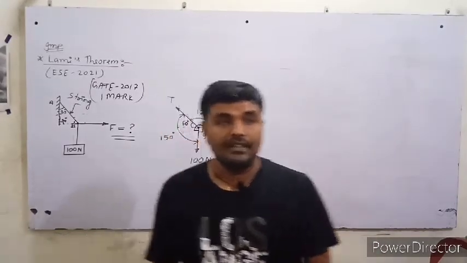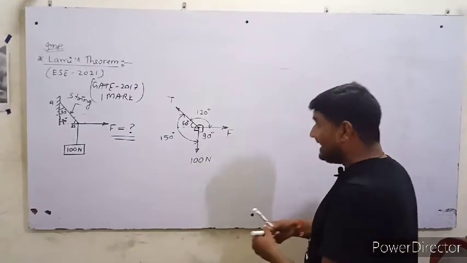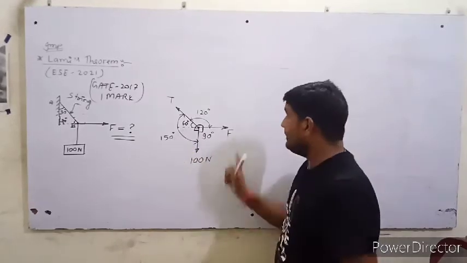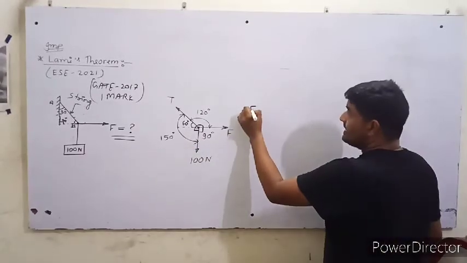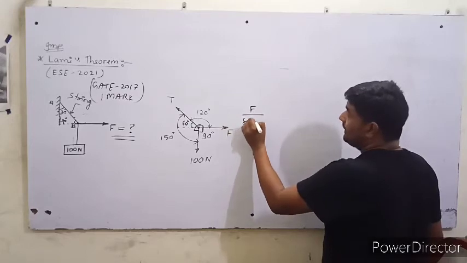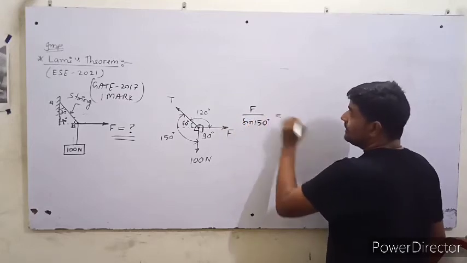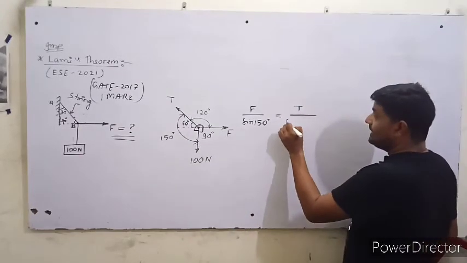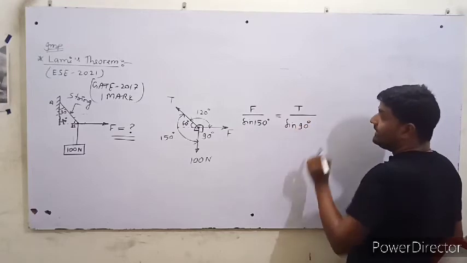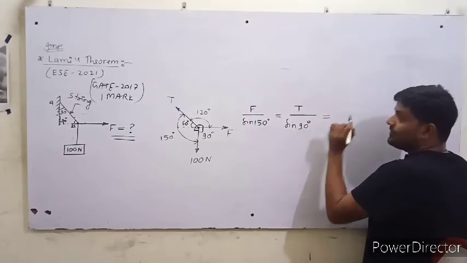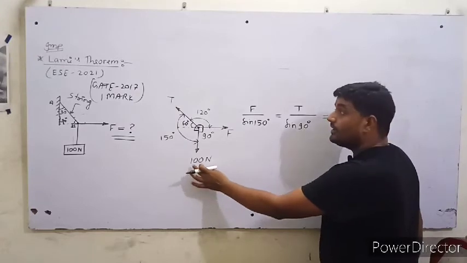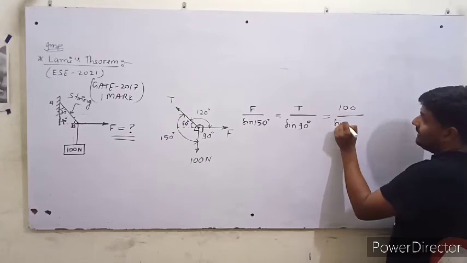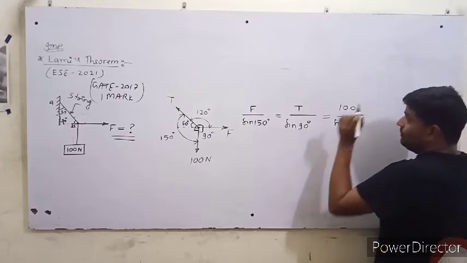So now we will apply Lami's theorem. What Lami's theorem says is force upon the sine of the angle, that is F upon sine of 150, equals tension T upon sine of 90 degrees, equals the third force, 100 Newton, upon sine of the angle 120 degrees.